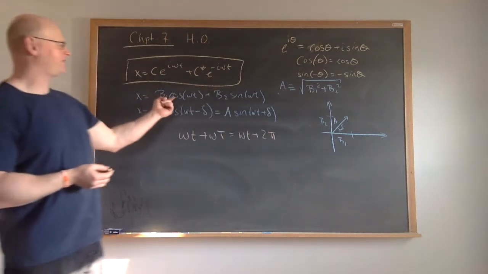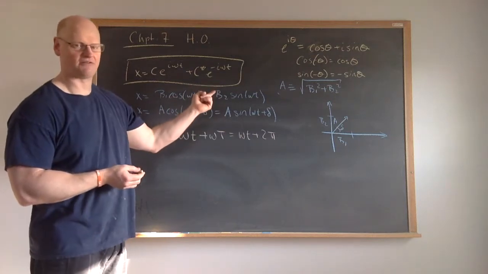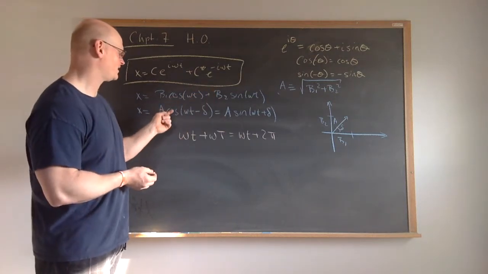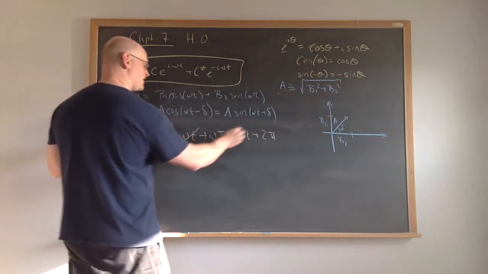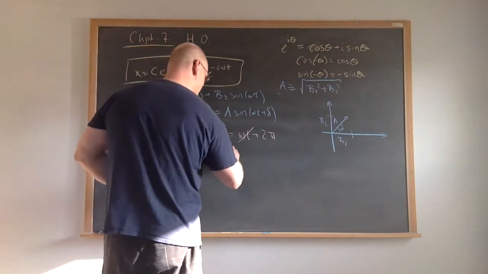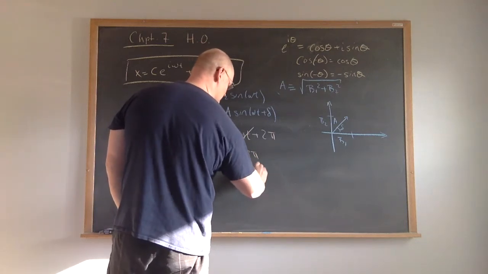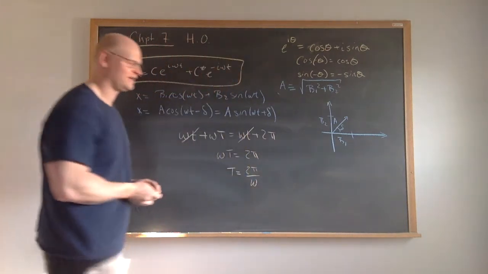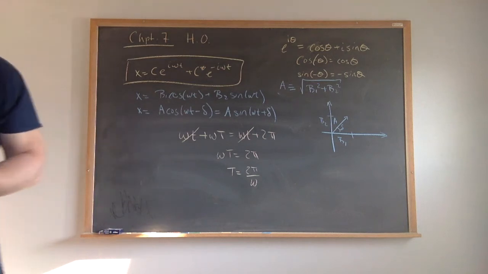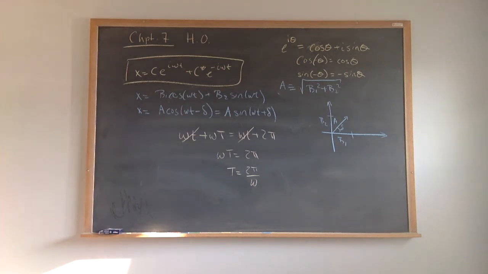Cosine repeats itself after it has gone through 2 pi worth of angle. So the omega t cancels, and what I get is omega times the period equals 2 pi, which means the period is equal to 2 pi divided by the angular frequency. This is true for any one of these systems, and they all have exactly the same period.